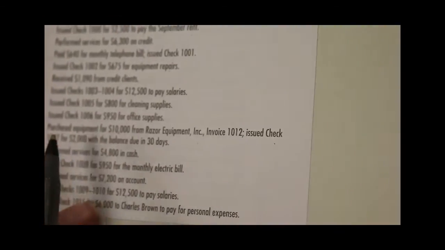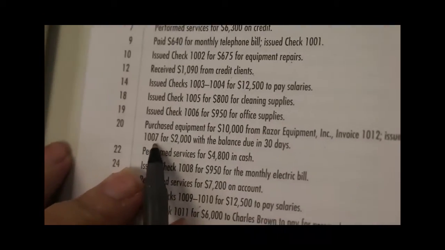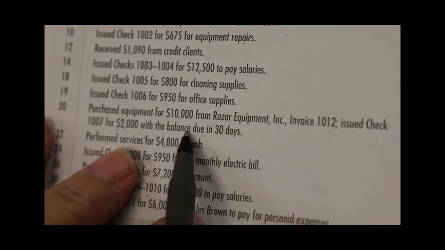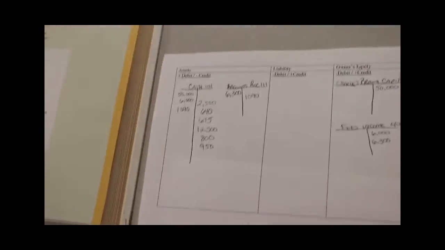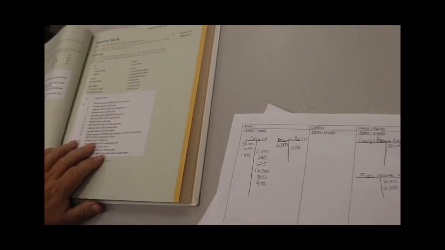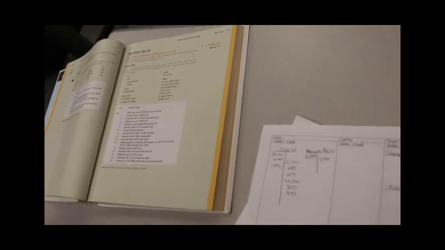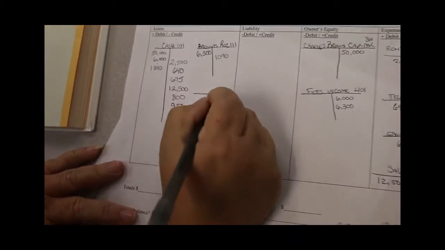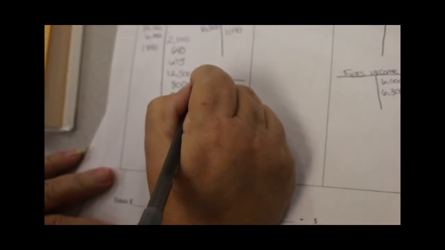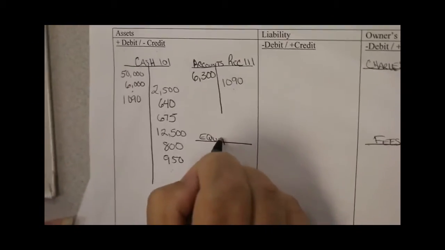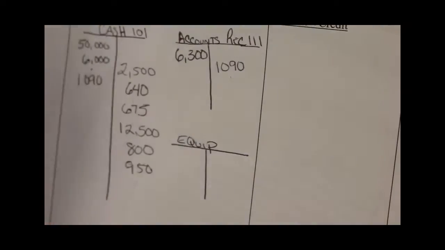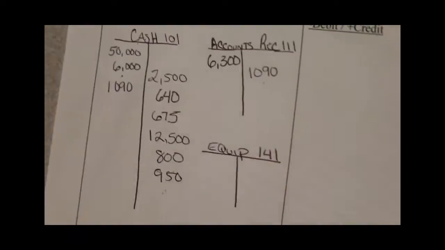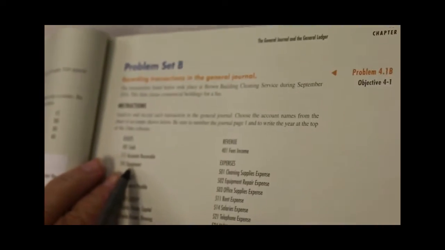Issued a check 1007 for $2,000 with a balance due in 30 days. So let's analyze what happened here. We purchased equipment, so we know for a fact that equipment's coming into our facility. So we're going to create an asset for equipment. Equipment has an account number of 141. I got that from over here in the book.